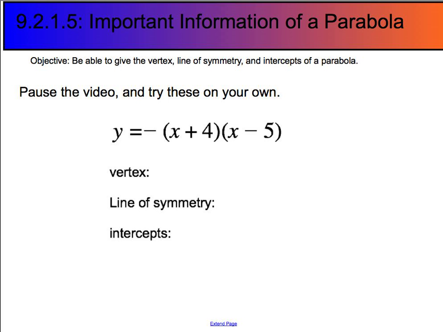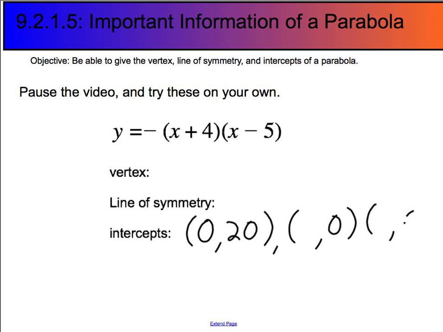All right, I'm back. You should have completed the problem while it was paused, so see if you get the right answers here. So the y-intercept, when you plug in 0, you get positive 20.